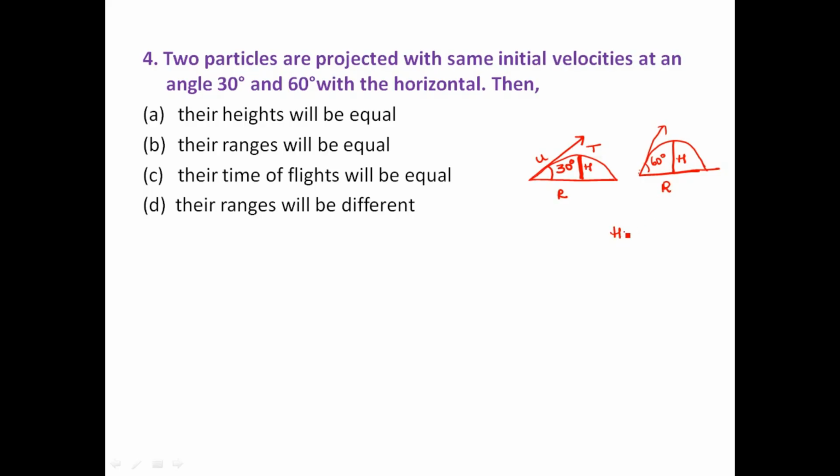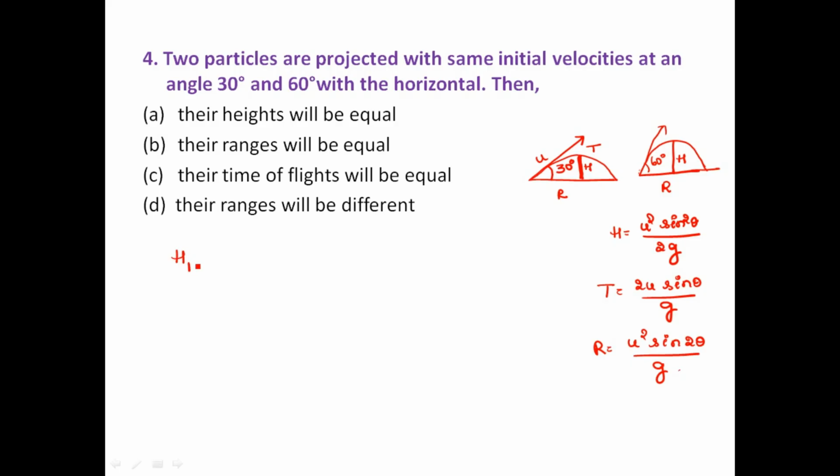We have the formula for height as u square sine square theta by 2g, t is equal to 2u sine theta by g, r is equal to u square sine 2 theta by g, right? So let us find height, time of flight and range in each case for each of the particles.